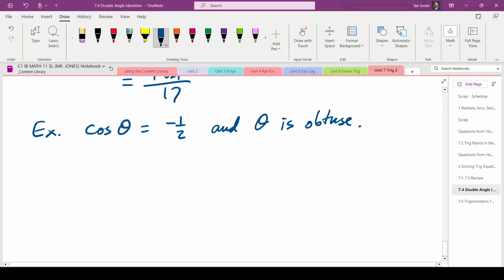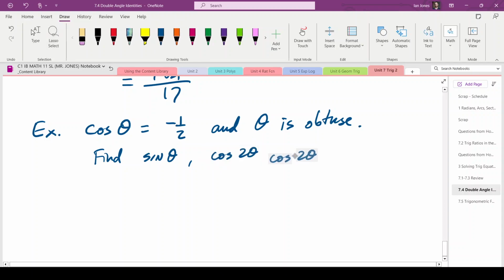The question is, find sine of theta, sine of 2 theta, then comes cosine of 2 theta. The order might not really matter, but that's the order I have them here. Sine 2 theta, cosine 2 theta, and tangent 2 theta.